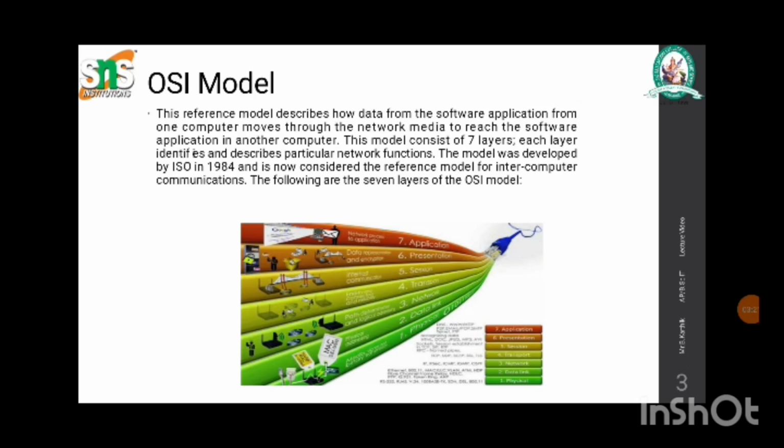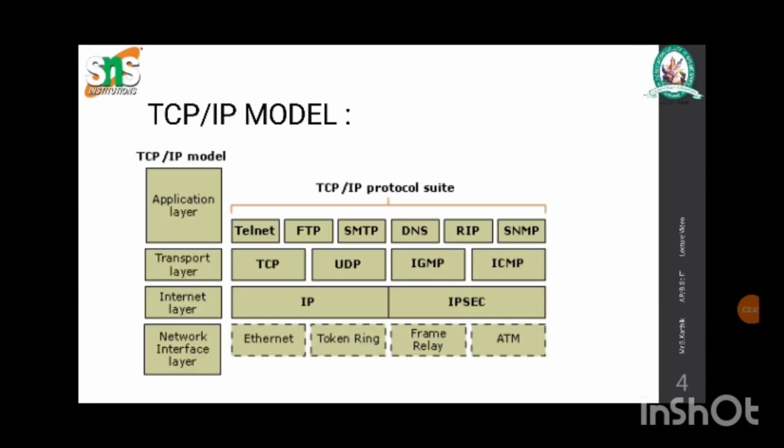The layers are application layer, presentation layer, session layer, transport layer, network layer, data link layer, and physical layer. We can order from application layer to physical layer or else physical layer to application layer. But the first layer is the physical layer and the last layer is the application layer. This is the order to follow the procedures, right?